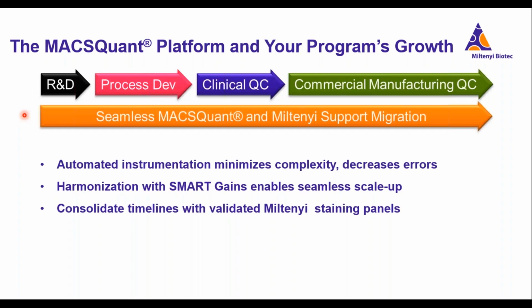A few things that allow it to happen are the automated instrumentation, which minimizes complexity and decreases errors as you're working through these processes. The harmonization of smart gains enables a seamless scale-up process. And then you can consolidate timelines with validated Miltenyi staining panels if you are at the process where you haven't developed your panel. So we have those to offer as well.